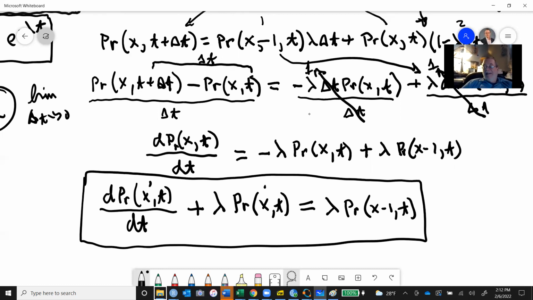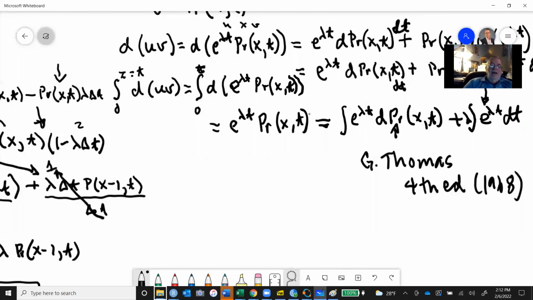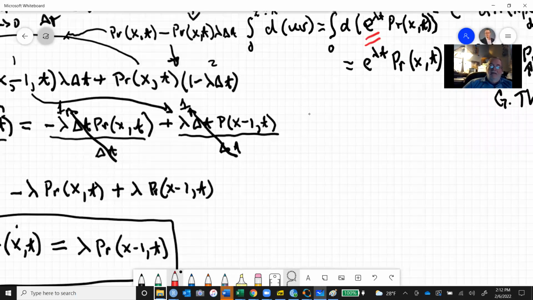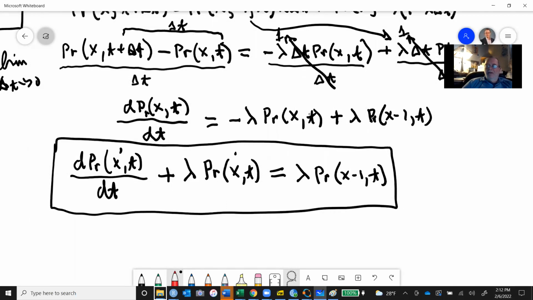It's actually not as hard as it looks if we remember how to use this apparatus called an integrating factor. Well, where the heck is the integrating factor here? It's going to appear here. We're going to eventually have this minus here.